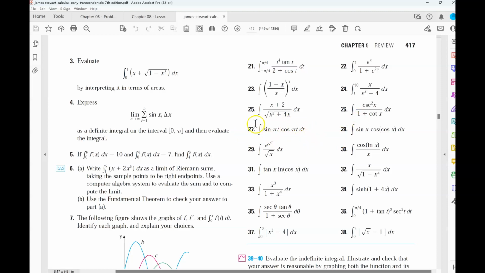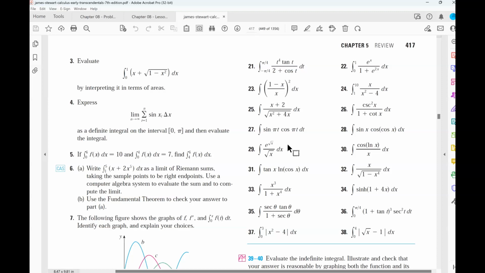About 27. You could pick either sine pi t or cosine pi t.